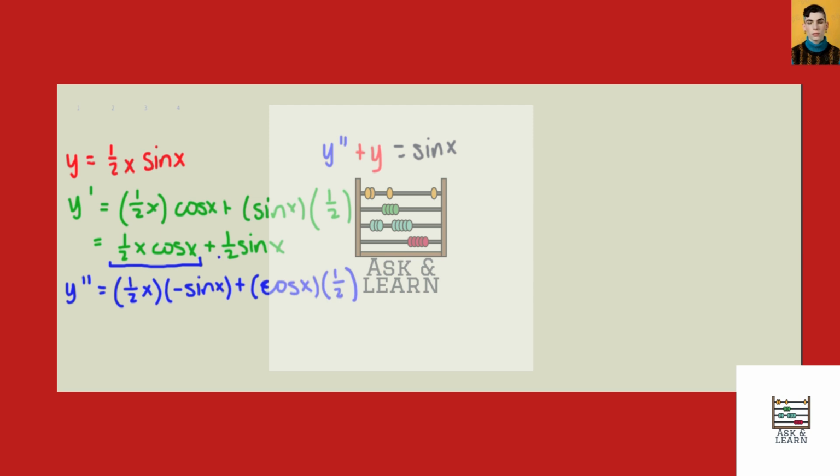And then we still need to bring down this portion here, but its derivative, and that derivative is 1/2 cosine x. So if we simplify this, we'll have negative 1/2 x sine x plus 1/2 cosine x plus 1/2 cosine x. That's just 1x, so we'll just put an understood 1 there.